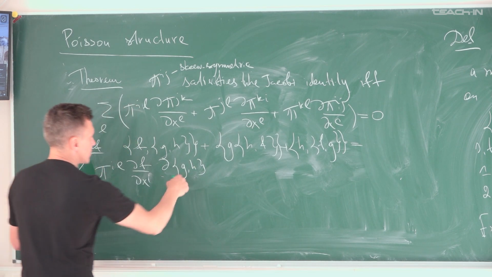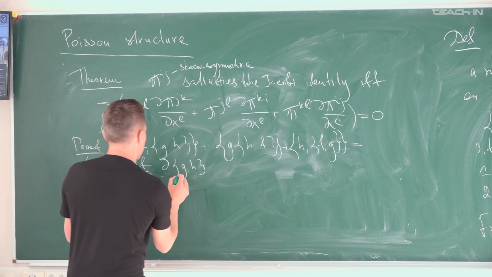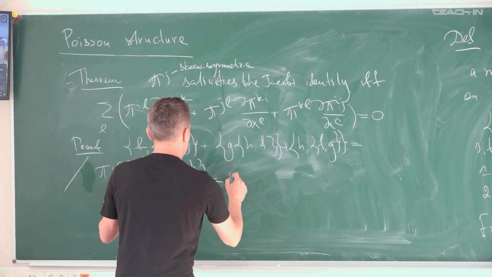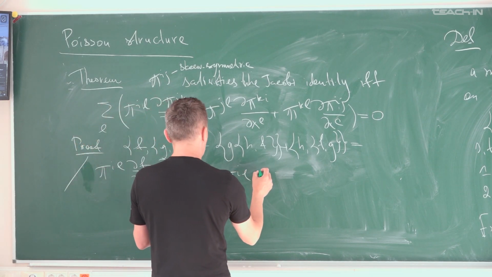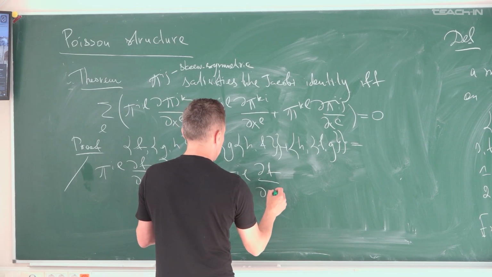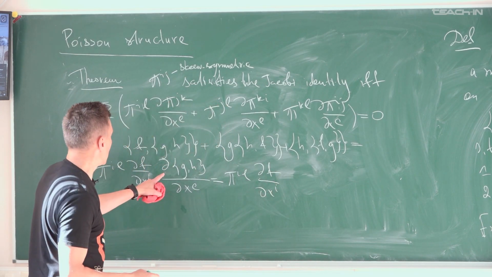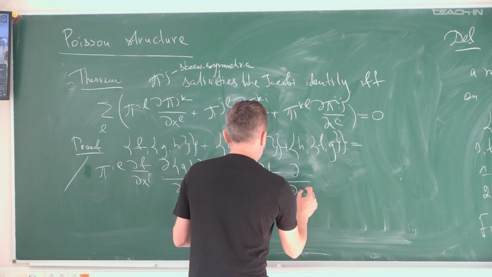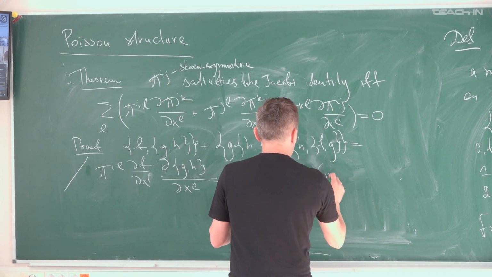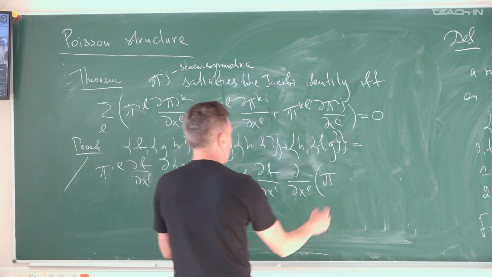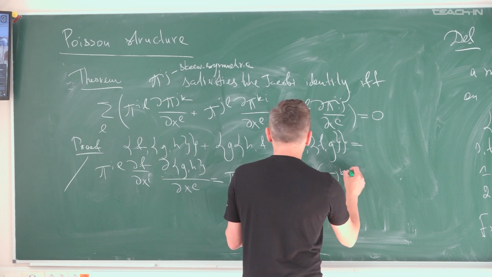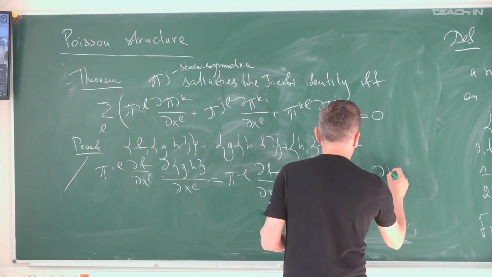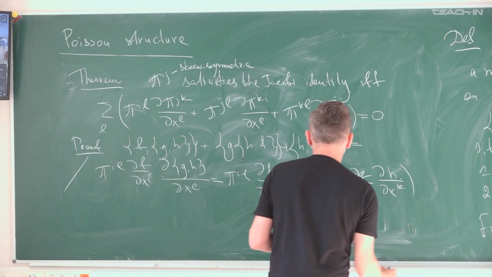So I will do some preparatory calculation over ∂/∂x^l, and this is the following thing: π^{il} ∂f/∂x^i, and now I make the second derivative ∂/∂x^l to π^{jk} ∂g/∂x^j ∂h/∂x^k.